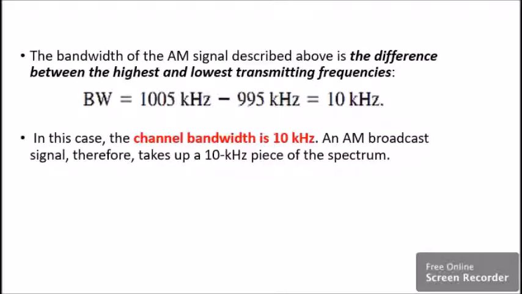So bandwidth of an AM signal described above or kanina is the difference between the highest and the lowest transmitting frequencies. Ayun na yan. So kapag this is your highest transmitting frequency, according to your channel bandwidth, this is your lowest transmitting frequency. So meron kang bandwidth na 10 kilohertz. So in this case, the channel bandwidth is 10 kilohertz. An AM broadcast signal therefore takes up to 10 kilohertz piece of spectrum.